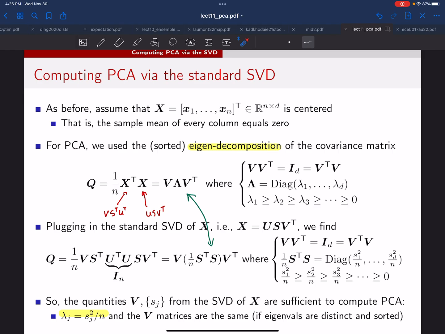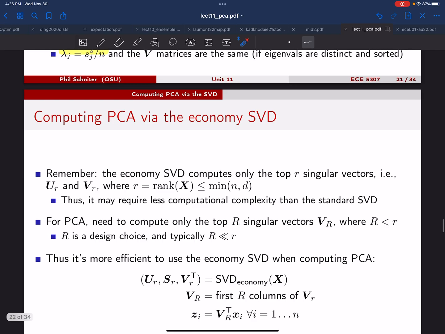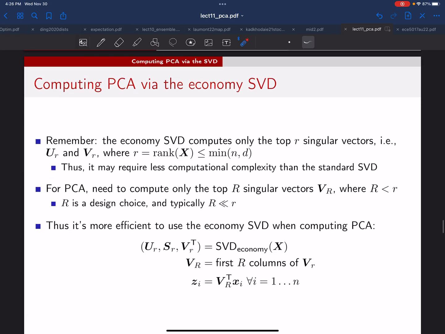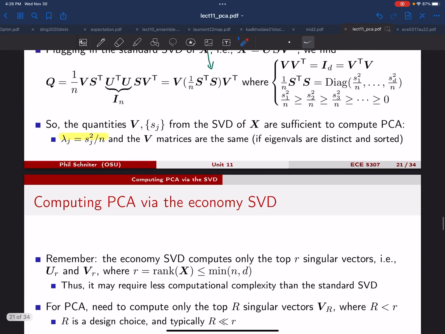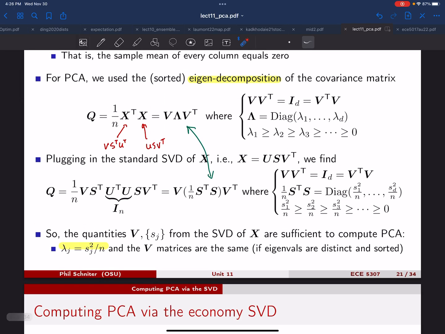And furthermore, remember we have the standard SVD and we have the economy SVD. We can actually use the economy SVD as well. The advantage in the economy SVD is that instead of computing these big square matrices, if the rank of our data set is such that we have some zeros in here, then we can settle for tall matrices.